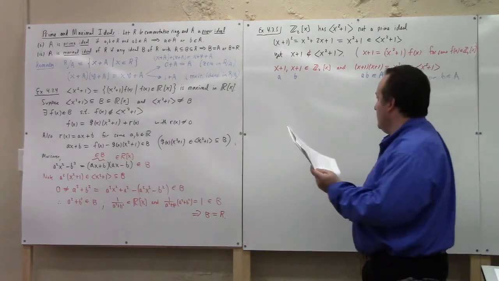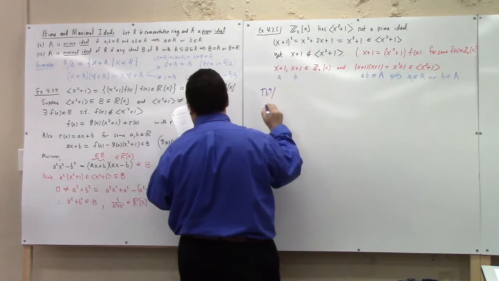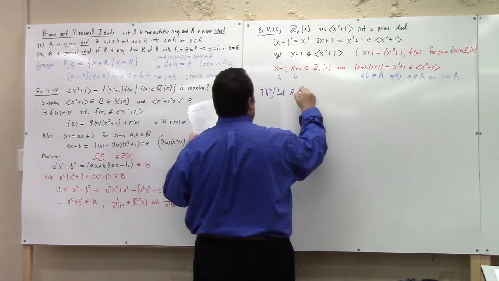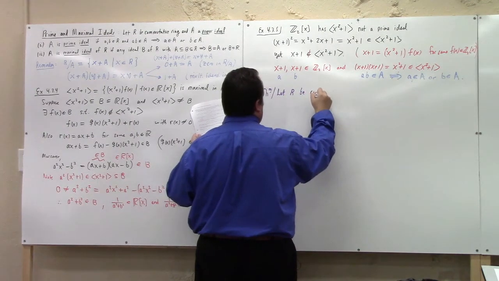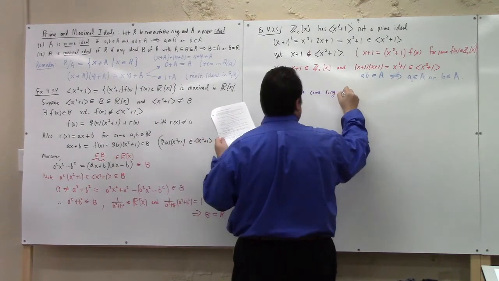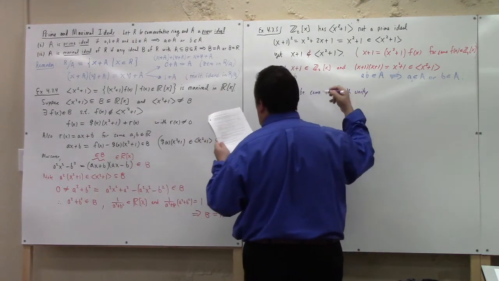So, big theorem, a really important theorem. Let R be a commutative ring with unity, with identity. Unity is just another word for identity, the multiplicative identity.